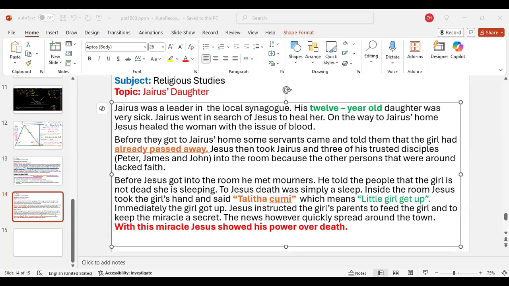On the way to Jairus' home, Jesus healed the woman with the issue of blood. Before they got to Jairus' home, some servants came and told them that the girl had already passed. Very good. Amaya, next paragraph.